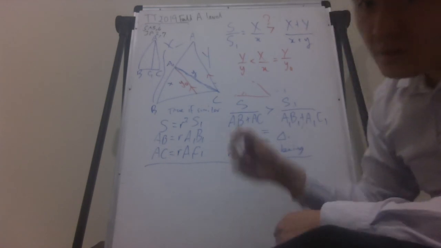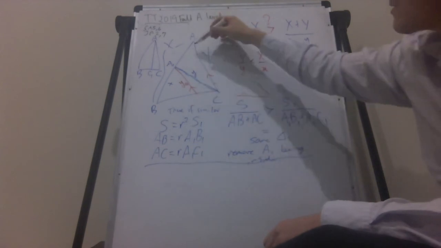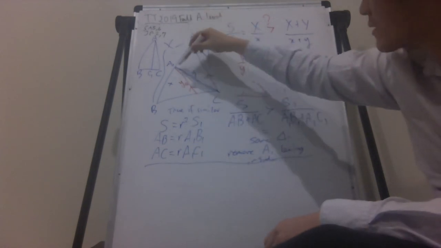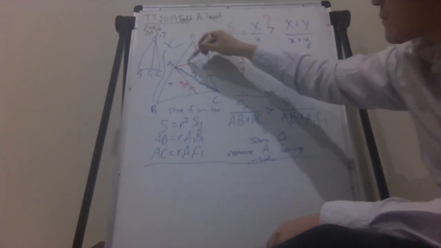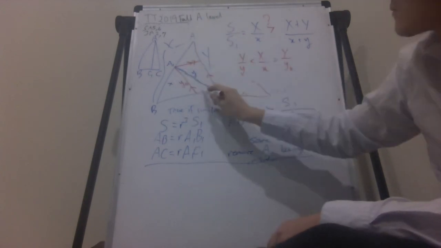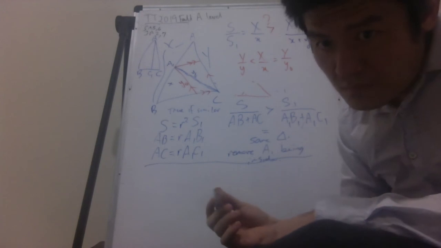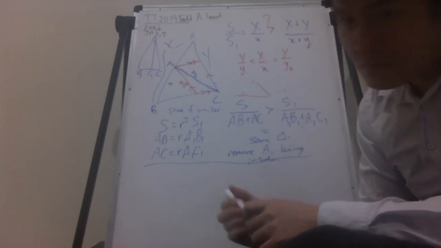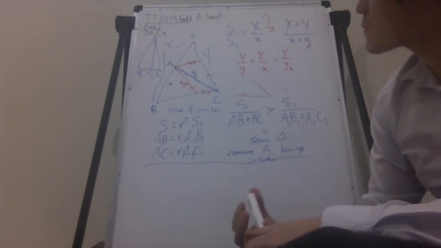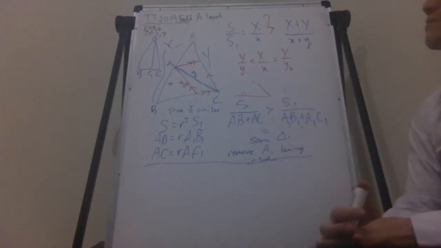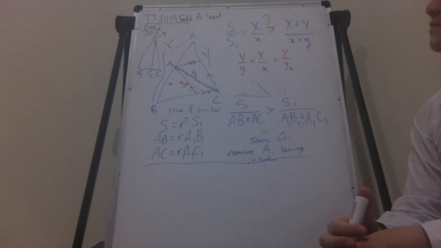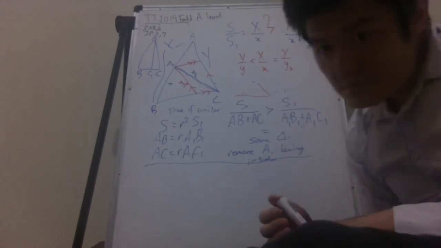Oh, he says A1 to AC. Like here. Yeah? Call that point A2. Because why not? No, don't call that A2.